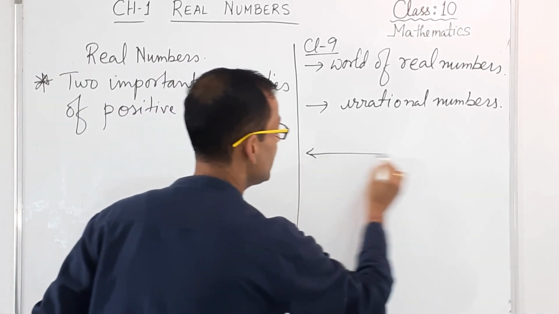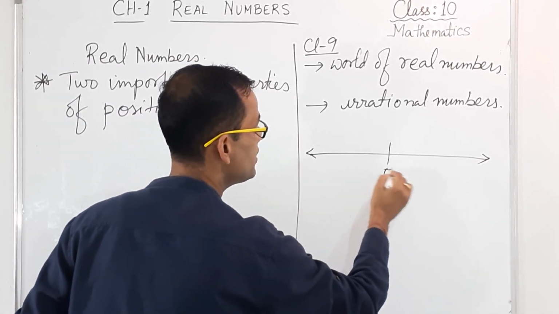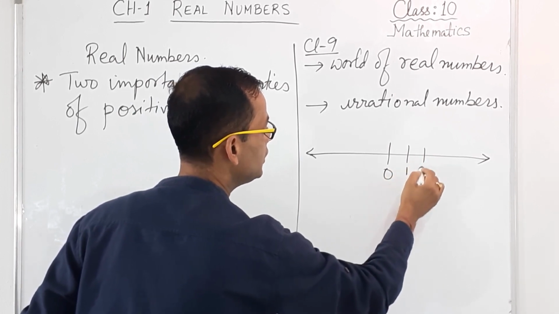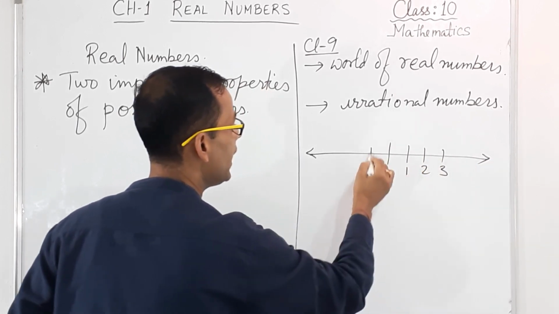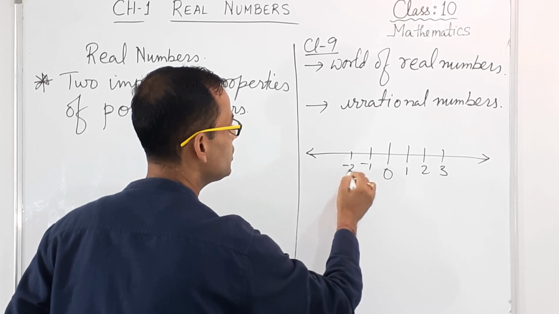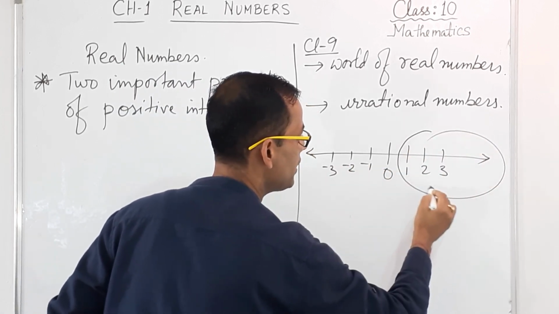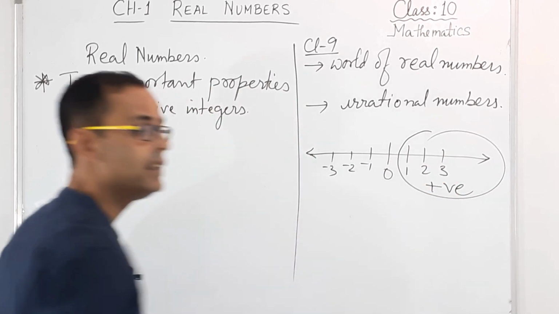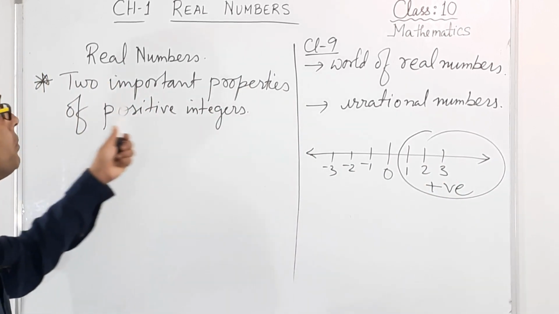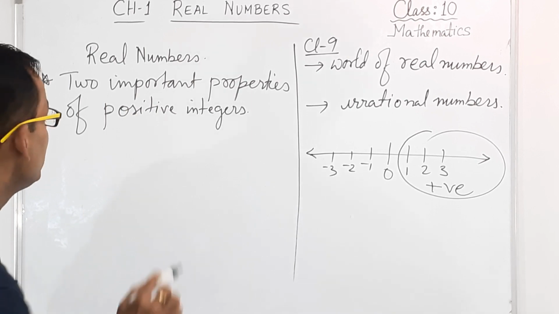If this is the number line, then this is 0, this side is 1, 2, 3, like this way, and this side -1, -2, -3. So this part is called the positive integers. We will discuss two important properties of positive integers.